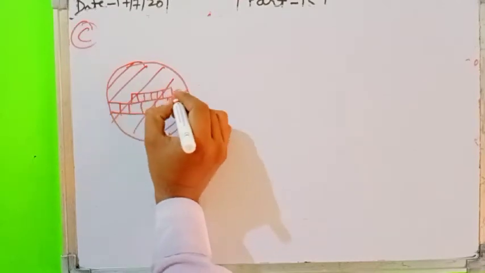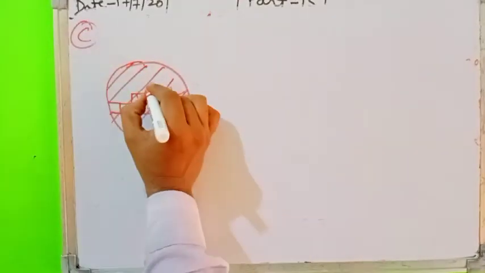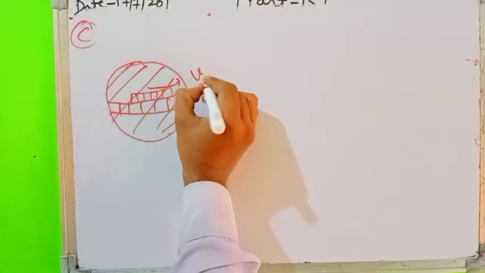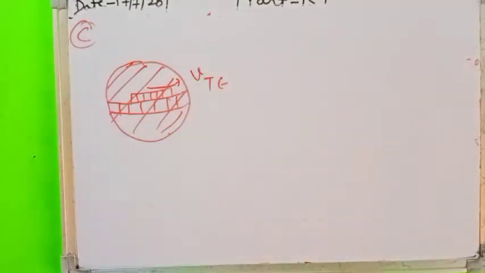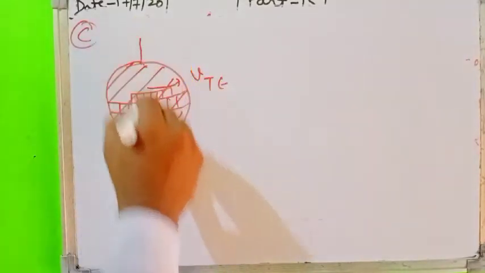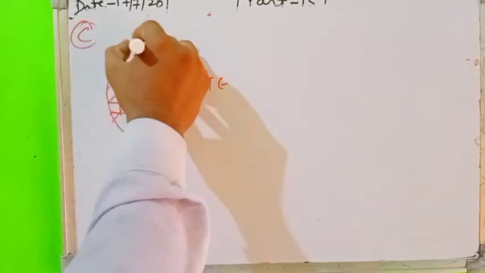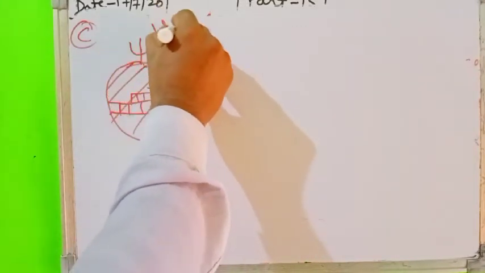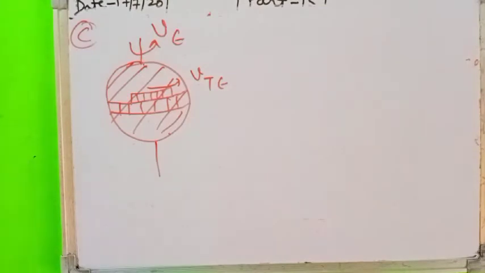This is the train, this is the velocity of the train with respect to earth, and this is the velocity of earth.